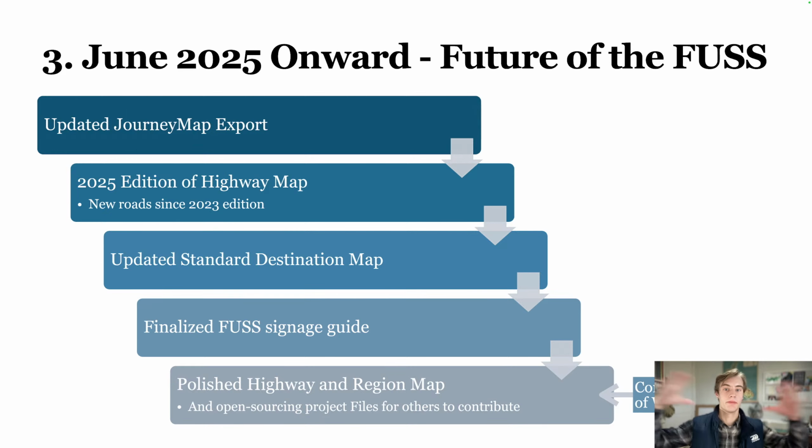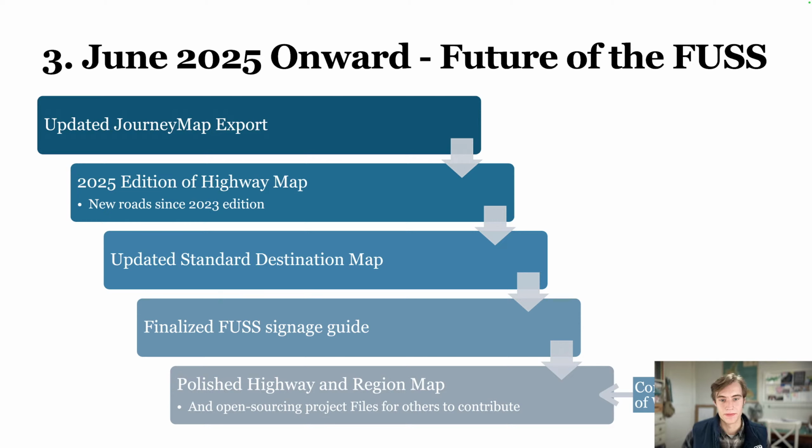So ideally we'll have one big map full of everything, and then we'll have the standard destination map just for highways, and then there'll be the signage guide, and all of that will come together so that anybody from basically halfway through this year will be able to make the signs on the highways. They can update the signs on existing highways if they want to do that themselves. Basically allow everyone to do the work that I have been doing, because I haven't actually had the chance to publish all of my own work to help other people, to let other people do it.